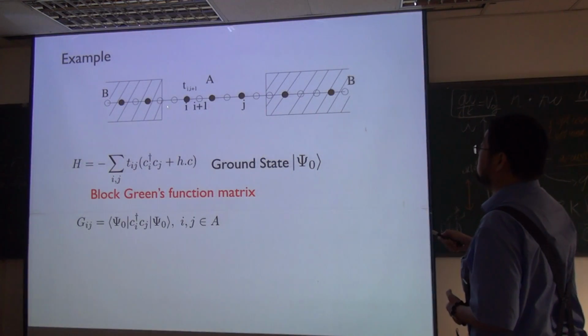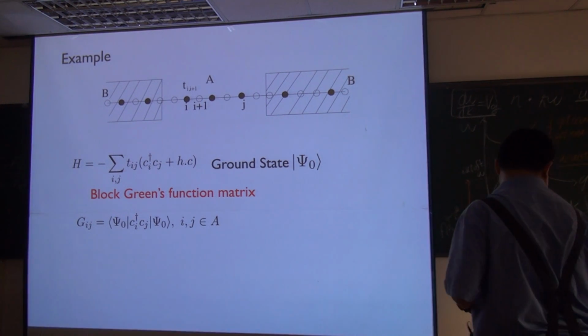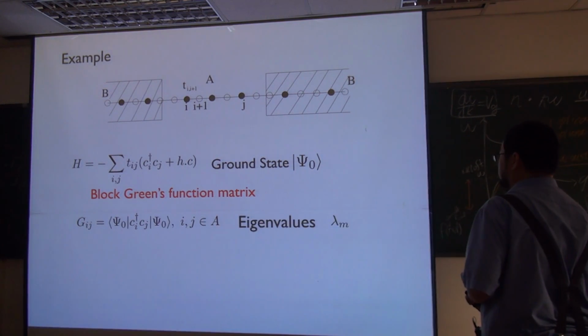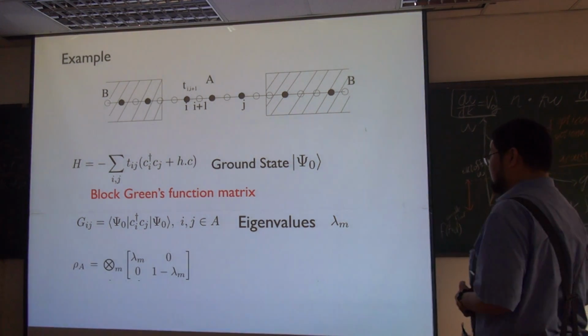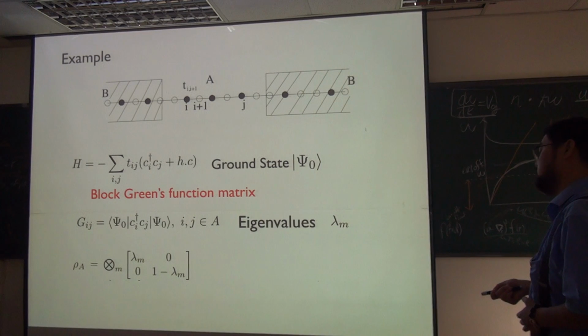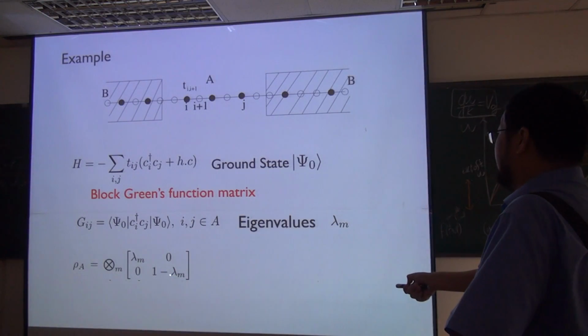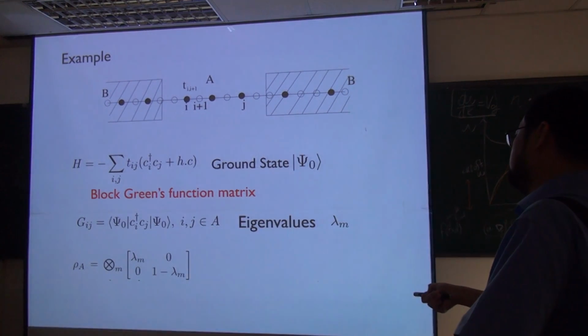Because it is only inside the system, you can diagonalize that and get eigenvalues lambda m, and this lambda m is eventually the one-particle entanglement spectrum, as I wrote in the next slide.